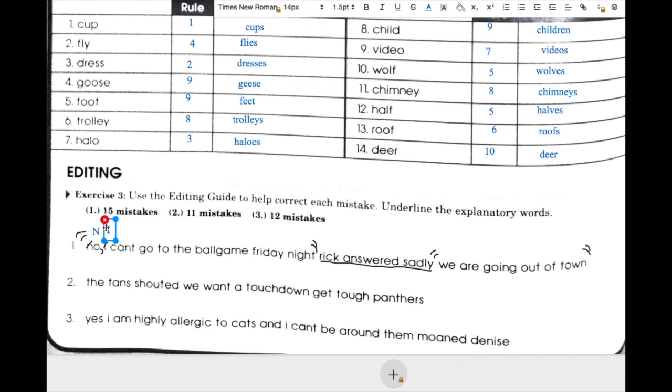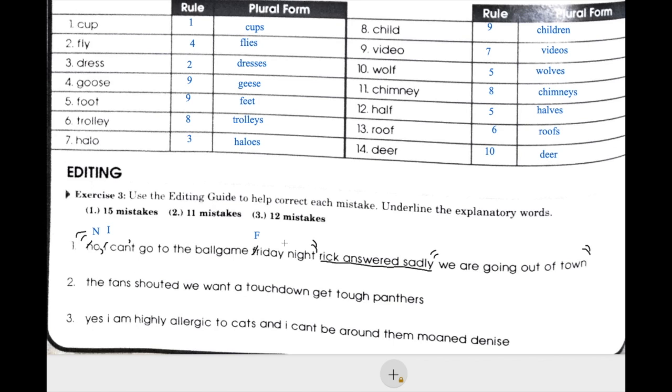Can't is a contraction, so we need an apostrophe. Go to the ball game Friday. Friday, of course, we need to capitalize. It's a proper noun. Night. We have explanatory words at the end of this quote, so we need a comma before it and before the quotation marks.